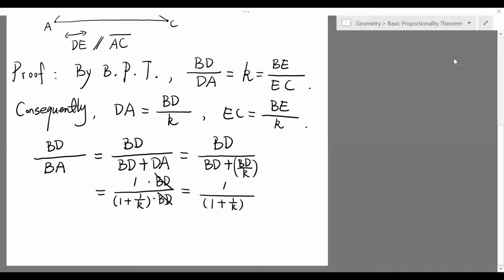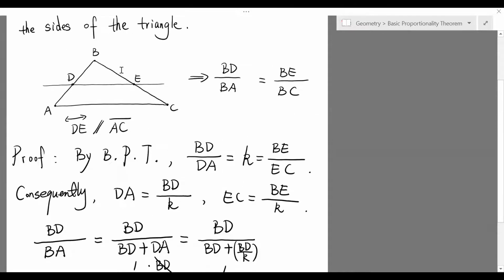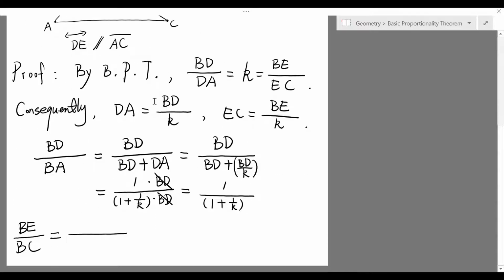Let's do the same thing for the ratio between BE and BC. We also observe that the side BC is the union of BE with EC. Hence, we could replace the length of BC by BE plus EC.